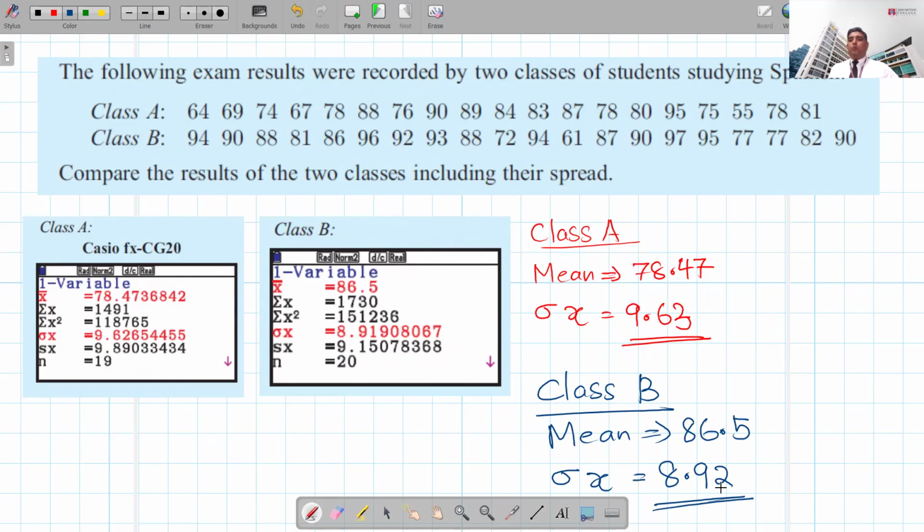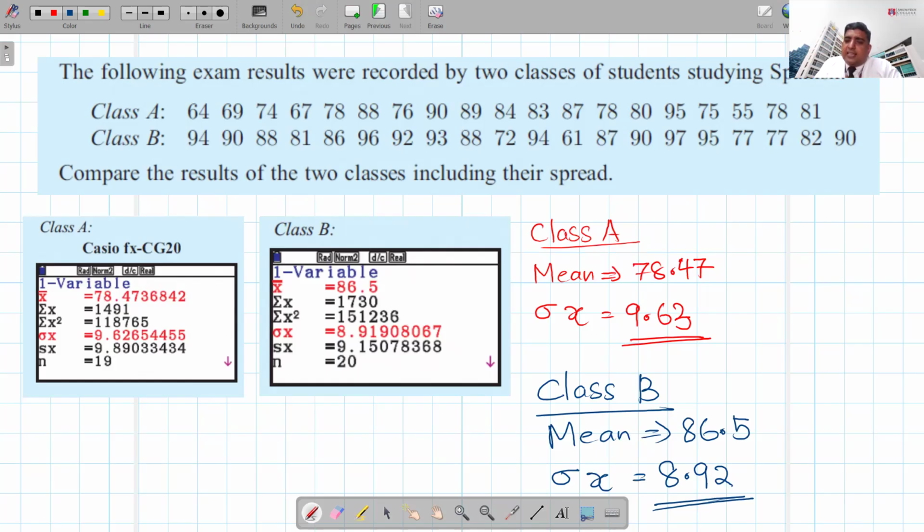So, what is the conclusion we draw? Even though class B average is better than class A because their mean is higher, it is not only that it's high, class B is a bit more consistent than class A. The standard deviation is a little bit less than class A. That means class B has a higher mean, which indicates that the students in class B generally performed better.